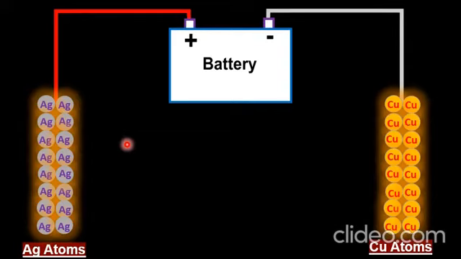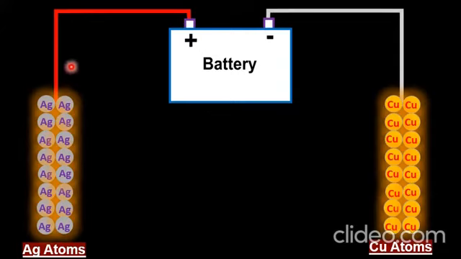So in case of a deposition of a silver ion on the surface of the copper atoms using the electroplating process, we need to convert a silver atom into a silver ion. This conversion of a silver atom into a silver ion is done when a silver plate is connected with the positive terminal of the potential source. The positive terminal of the potential source basically attracts the electron from the silver atoms.